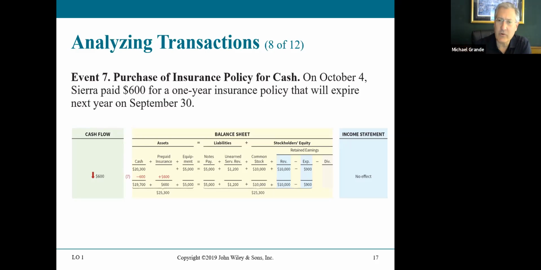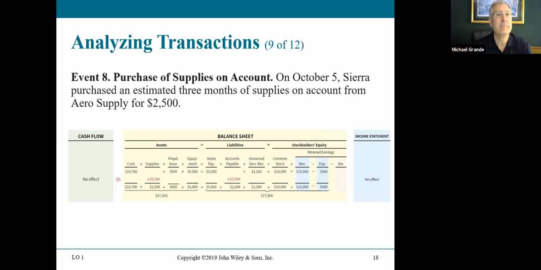But you would ordinarily think that insurance is an expense, but they prepaid this expense. They paid it in advance. Cannot recognize the expense until it expires. Has not expired yet. It's considered an asset. So prepaid insurance goes up. Cash goes down. Prepaid insurance goes up. The equation is in balance.